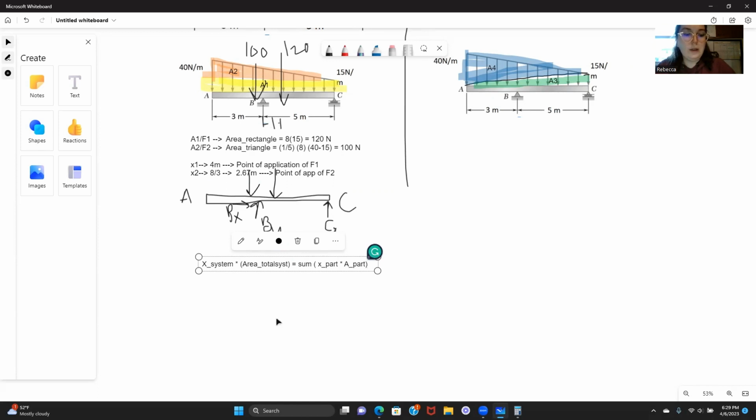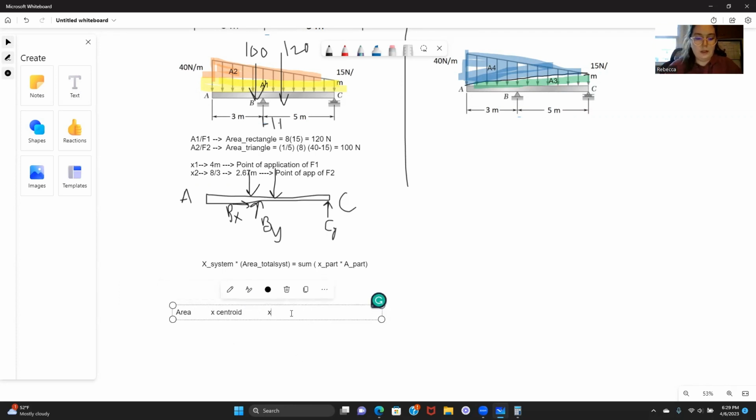So if we look at this, let's put it in a table, since tables can be easier to see. We're going to have the name, area, x centroid, and then x times A, which is the centroid times the area.